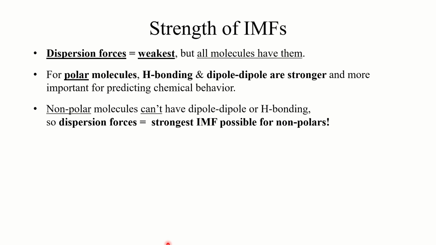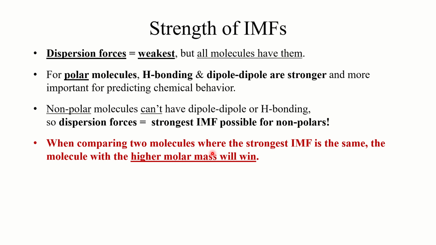Nonpolar molecules can't have dipole-dipole interactions or hydrogen bonding, so dispersion forces are the strongest IMF possible for nonpolar molecules. When you compare two molecules where the strongest IMF is the same, the molecule that has the highest molar mass is likely to win.